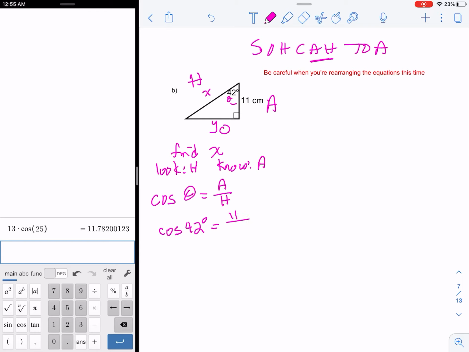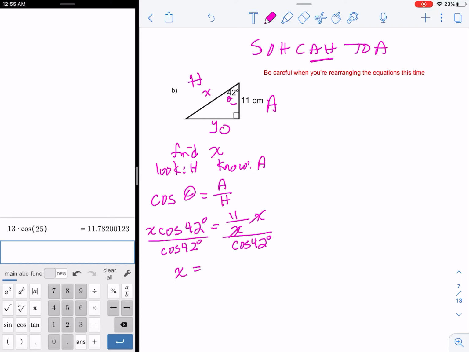So now we need to rearrange this to isolate x. So the first thing we need to do is multiply both sides by x. That'll get rid of it on this side. And then that gives us x cos 42 equals 11. And then we need to divide both sides by the cosine of 42 degrees.